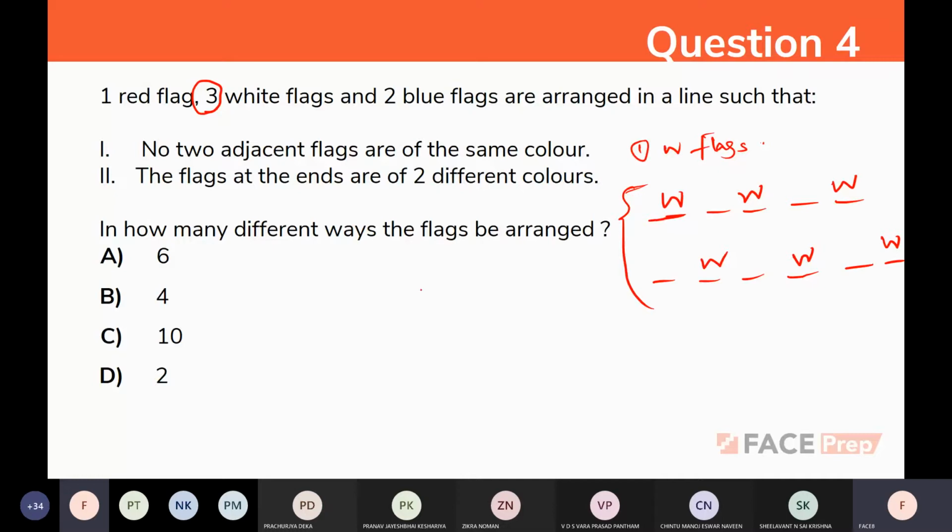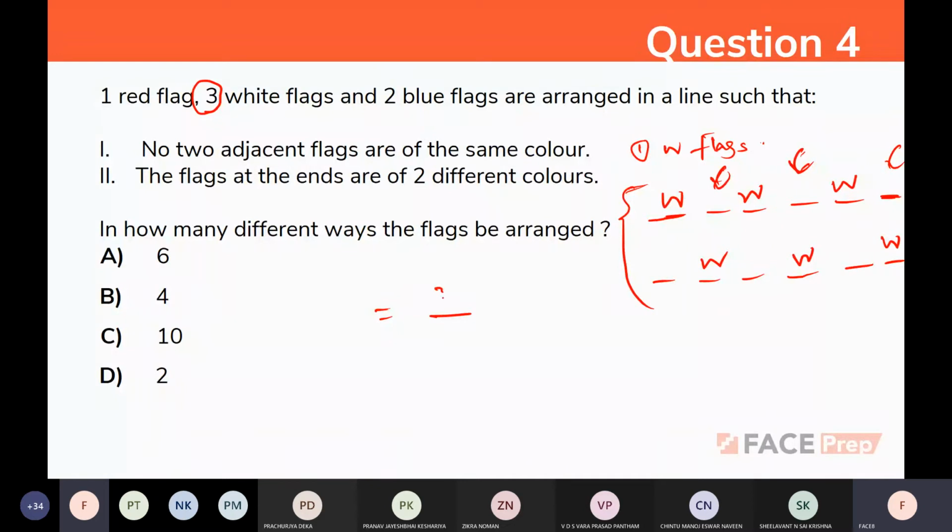So to find the total possible, we need to use the combination method. In the denominator we need to write this one. Sorry, there will be another space. So what are the remaining places?